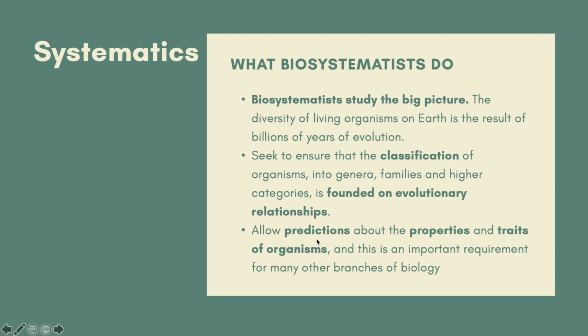And of course, systematics also predicts how certain properties or traits of organisms are important. We can actually predict characteristics of organisms. Because, for example, where the first heart evolved, no? We can create predictions about traits.